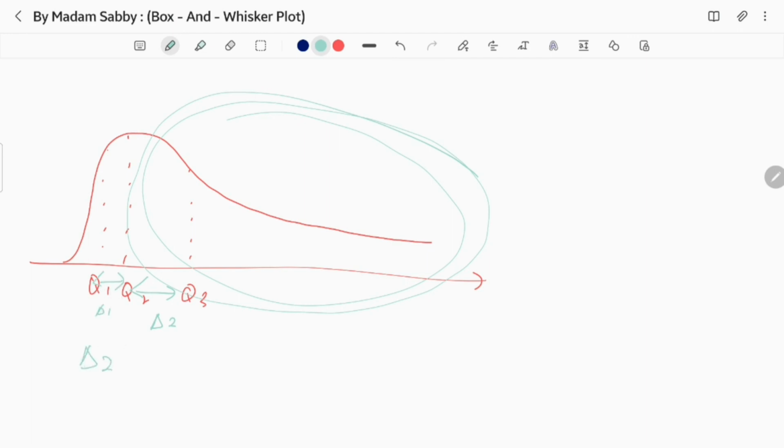When delta 2 is larger than delta 1, and the graph looks like this, we call it positively skewed distribution. Why positively skewed? Because the majority of the data lies on the right side, towards the positive side. So that is the first one, positively skewed.